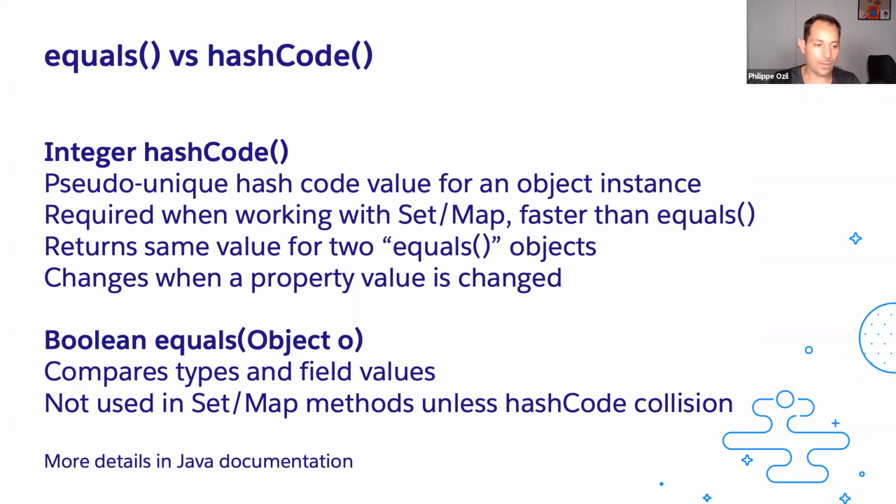Finally, let's talk about the equals method, which returns a Boolean. The equals method lets you compare the current object instance and another object instance. What's important to know is that you can compare objects with different types. There's nothing that prevents you from comparing an account with, I don't know, a string, or an account with an opportunity, or an account with a contact.